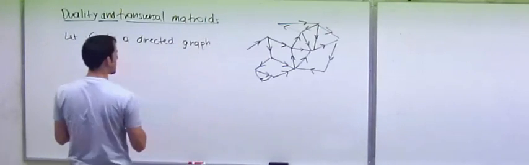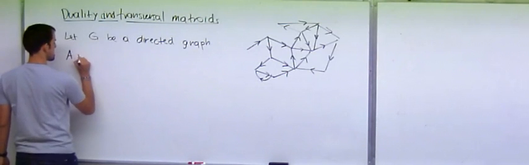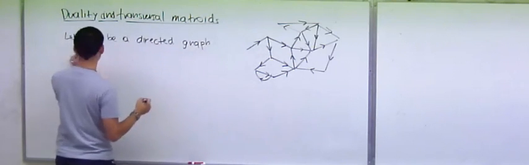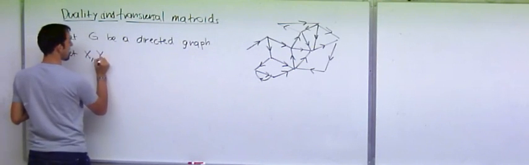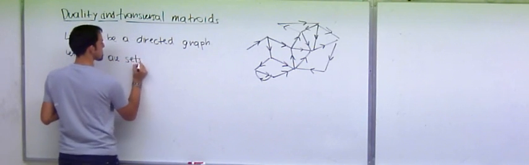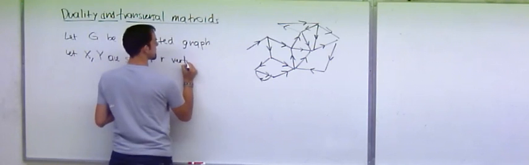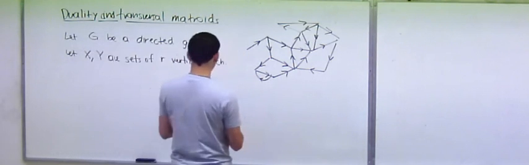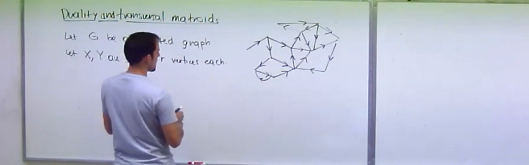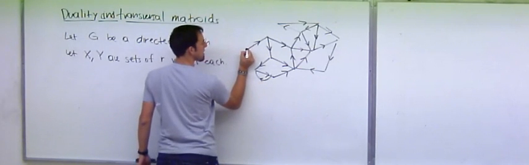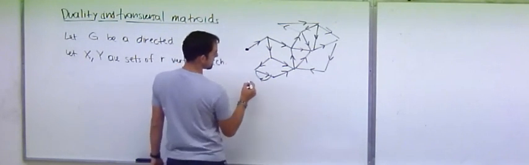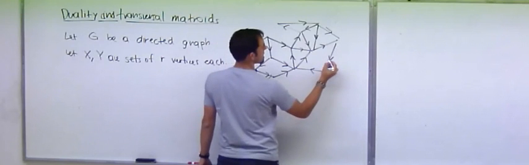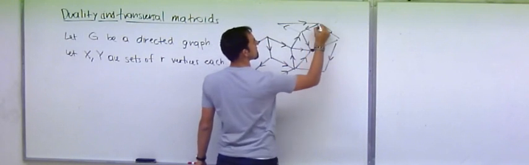So I'm going to define something called a routing. Well, before I do that, let's say X and Y are sets of vertices, each with r vertices. So maybe, I don't know, X consists of this guy, this guy, this guy, and this guy.